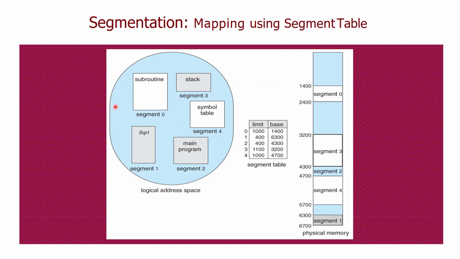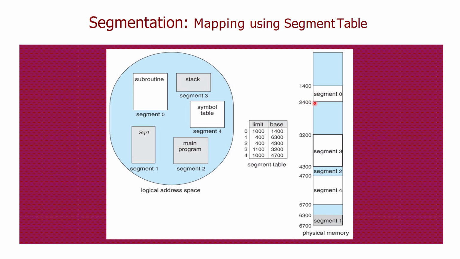What we need to do is, these are my segments in the logical address space, and this is my segment table. We have to map it in the physical memory. But how is it done? The base value 1400 is picked, and the limit is 1000, so we have to move 1000 locations starting from 1400.